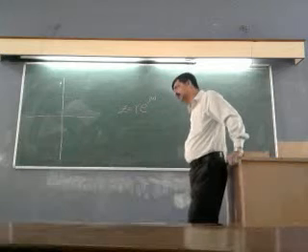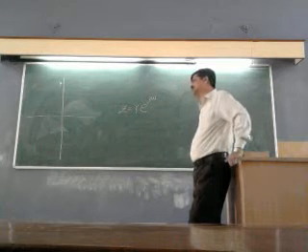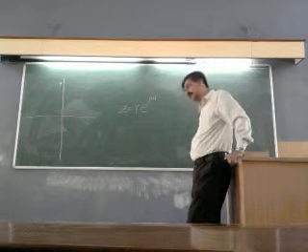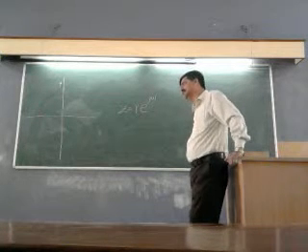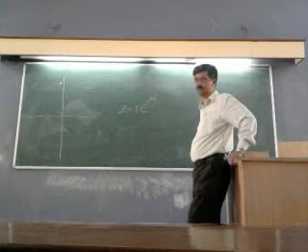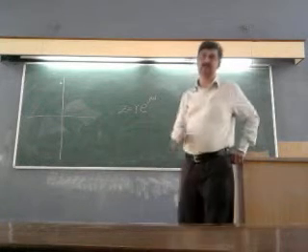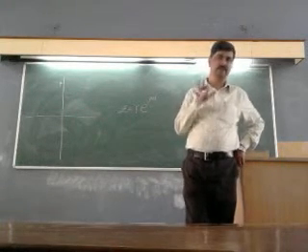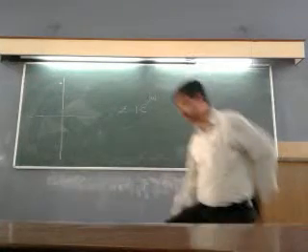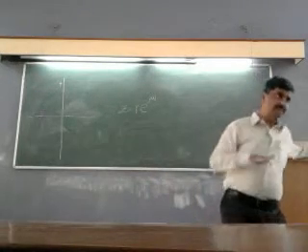Now, computing that transform on the unit circle, that is R equal to 1, is called the discrete time Fourier transform. I will just recap.